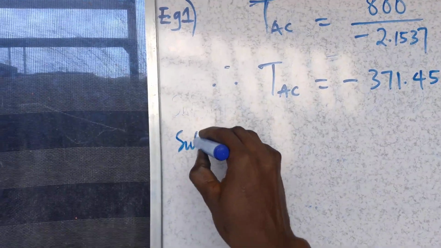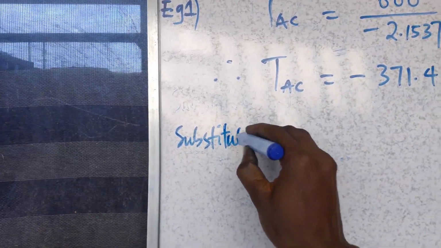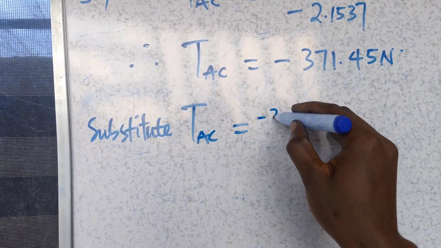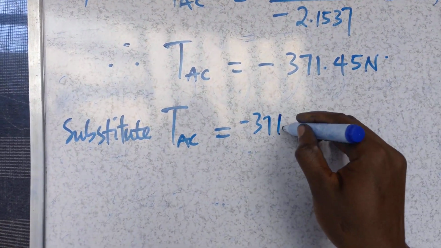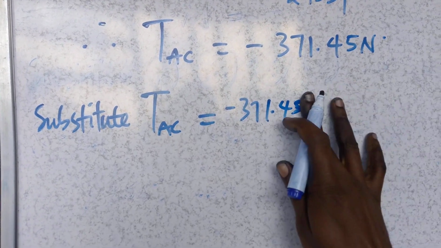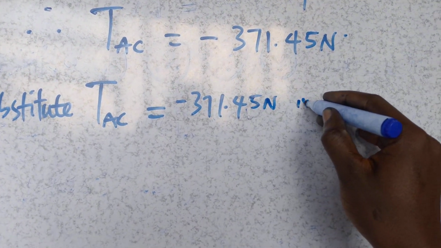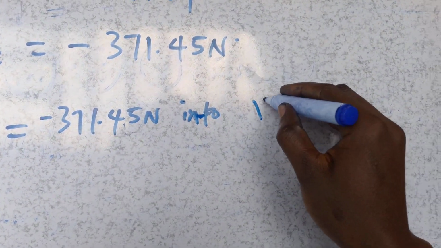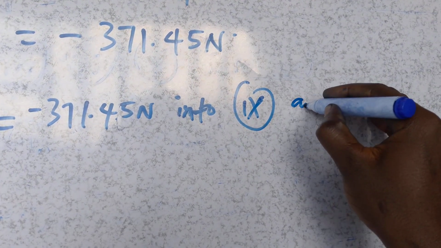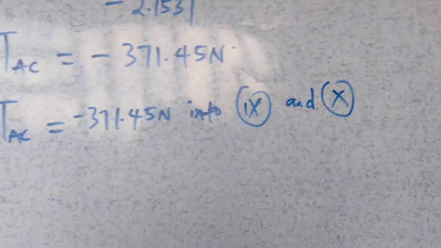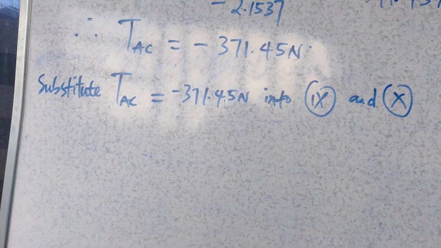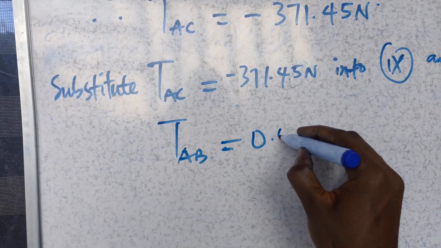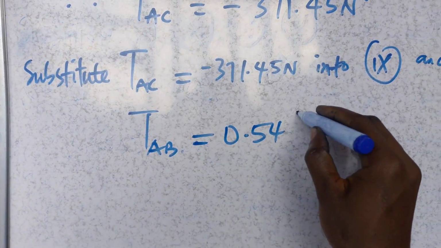I'll then substitute tension AC equals minus 371.45 Newton into equations 9 and 10. Equation 9 is TAB equals 0.54 times TAC.